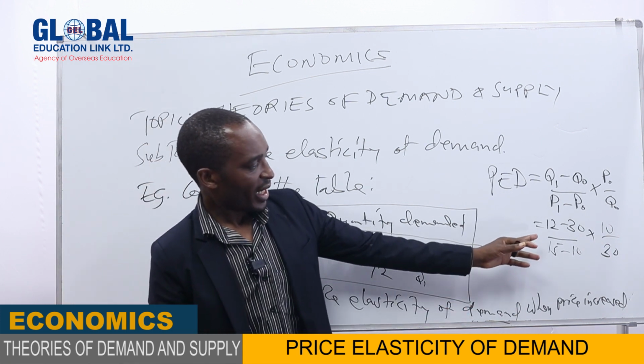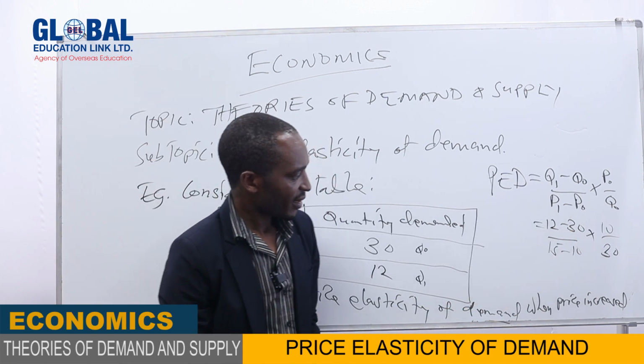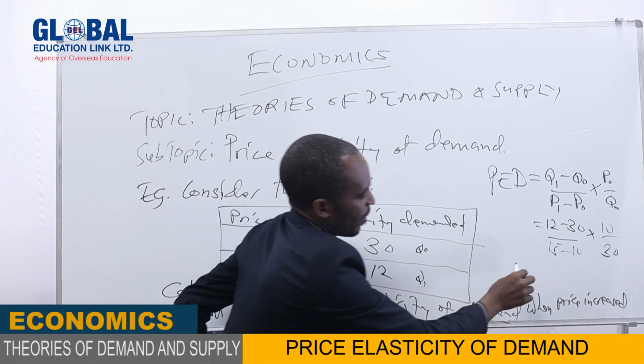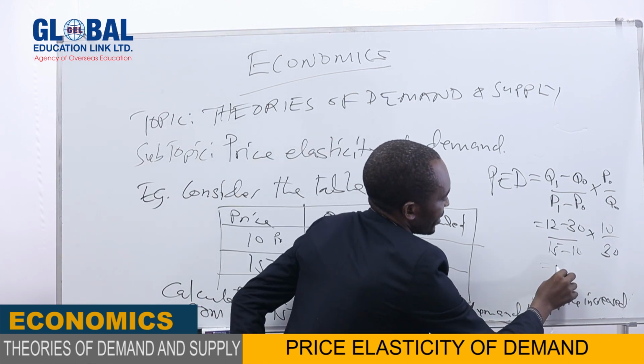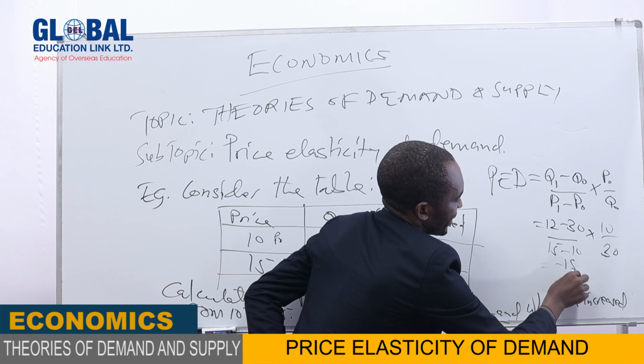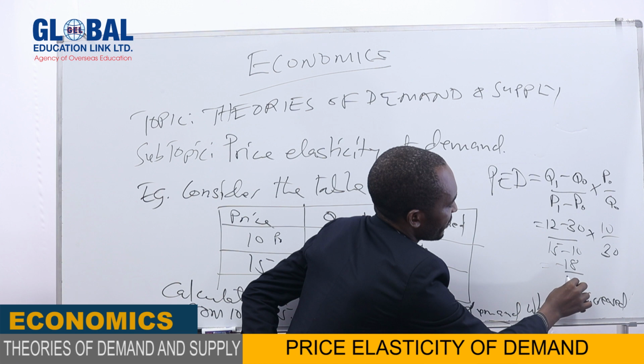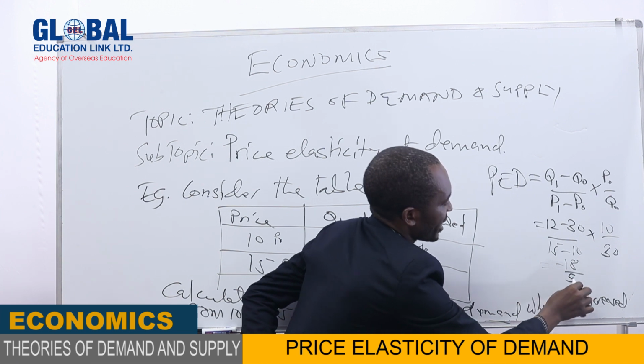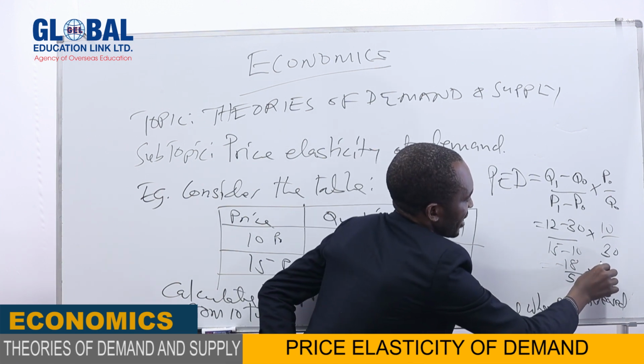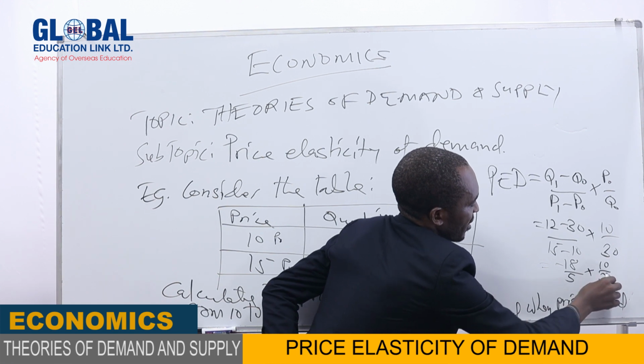So when you simplify, here will be negative 18 over positive 5 times 10 over 30.